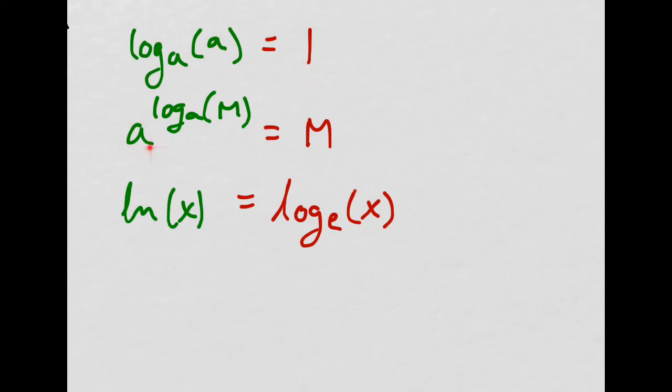If you have an exponential base with the log with the same base, then the log and the base cancel out, so you just get whatever's on the inside. And the natural log is just log base e. So it's no different than that.